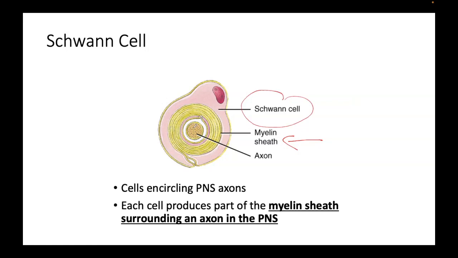That is going to insulate the axon, speed up the action potentials and the nerve conduction. When it demyelinates as a result of an autoimmune condition, we said that was called multiple sclerosis.